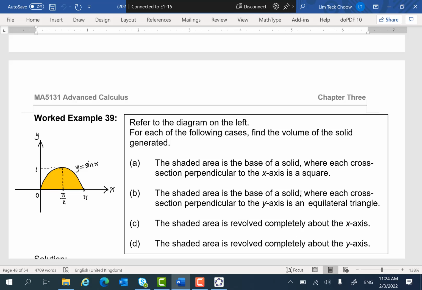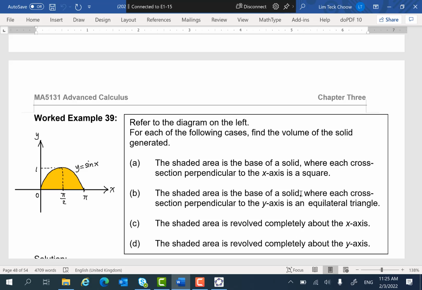So this shape will look like this, if I may draw for you. I'm not very artistic, but I'm sure you can imagine what I'm drawing. Your eyes must be focused and understand that from this edge here, I produce a square, and this square has dimension y by y, because a square has the same length and breadth, and then the thickness is actually delta x.